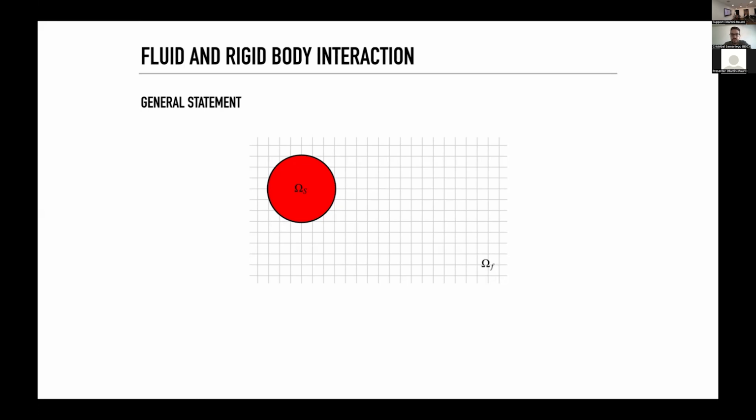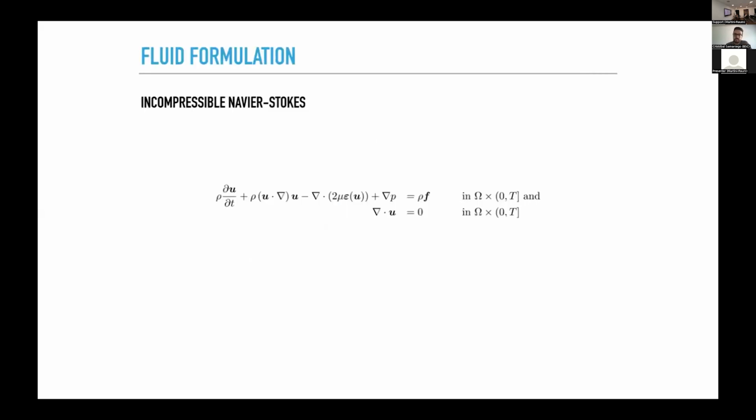So we have a solid, we have a fluid domain, but one of the keys of this kind of method is that the discretization of the fluid doesn't take into account the solid. This is one of the main keys of this method. Then on one side, we have the fluid that we have to model.